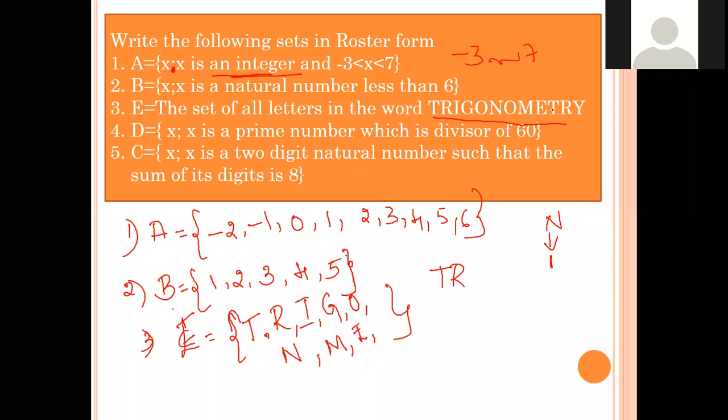Then I have T, but I cannot write T because I have already written T. Then R, I cannot write R. Next Y, I can write Y. So E is T, R, I, G, O, N, M, E, Y. This is the set E. Fine students, understood?